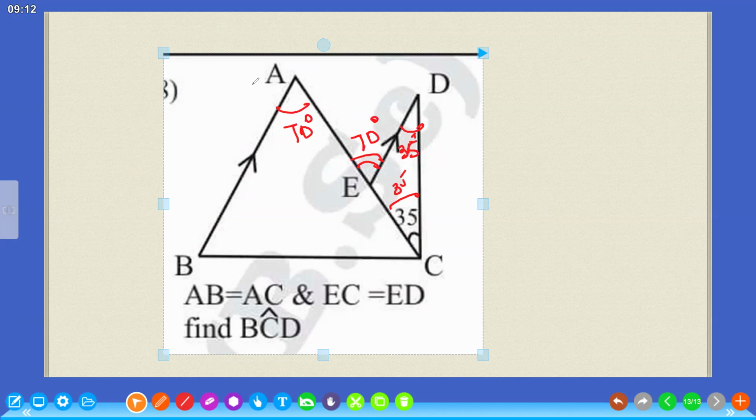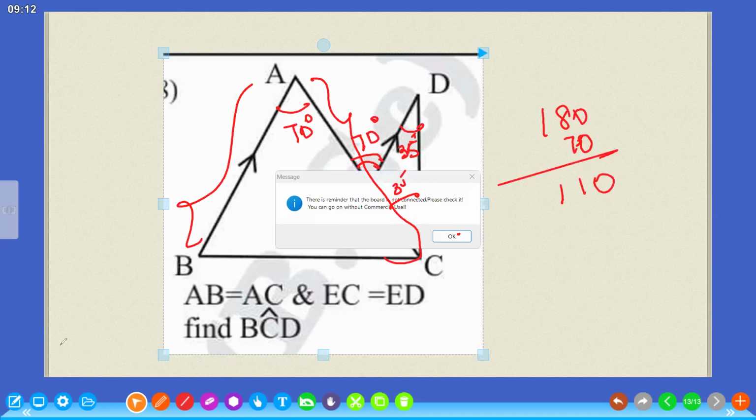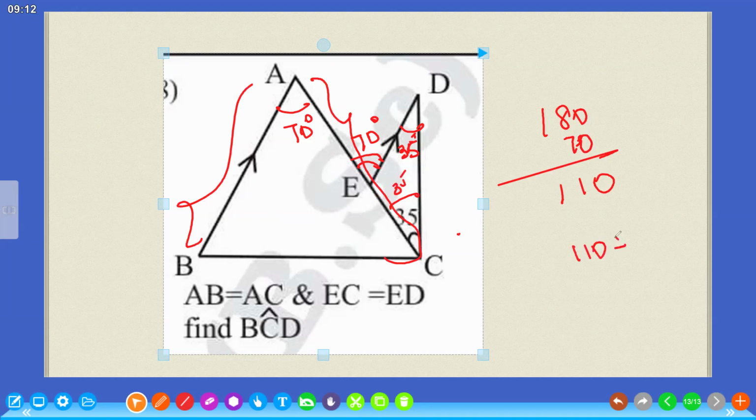Okay. But students, this is 70 degrees. These two sides are equal. 180 minus 70 is 110. 110 divided by 2 is 55. 55. Right.